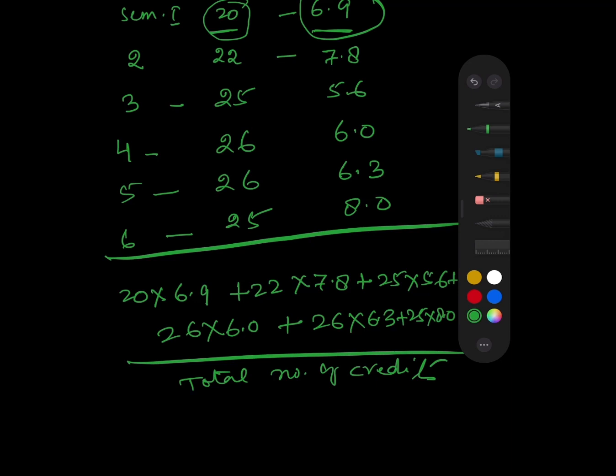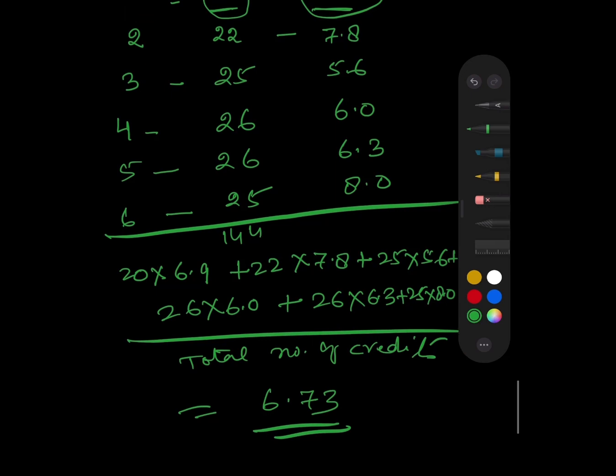So the total number of credits which you studied are 144. You just multiply it, add it, and you'll find out that your CGPA will be 6.73. This is how you calculate your CGPA.